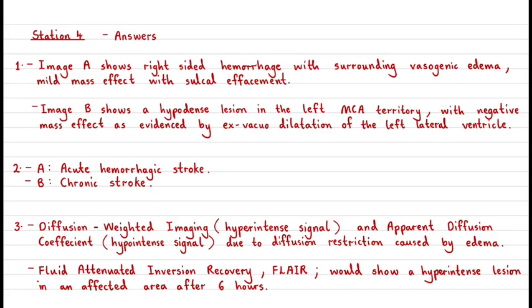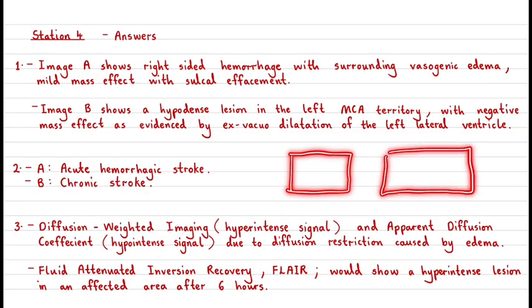These two are usually ordered together. You're going to have a DWI map here, and an ADC map here, and then you're going to have the brain on both. If this is a DWI, you're going to see hyperintense signal in this particular area. And then in the same area, on an ADC map, you're going to see hypointense signal.